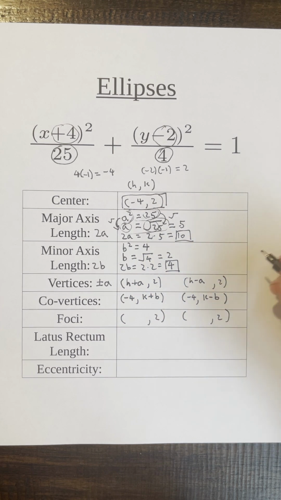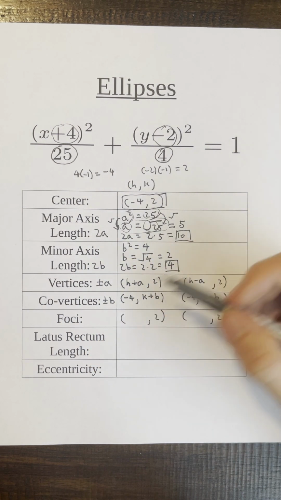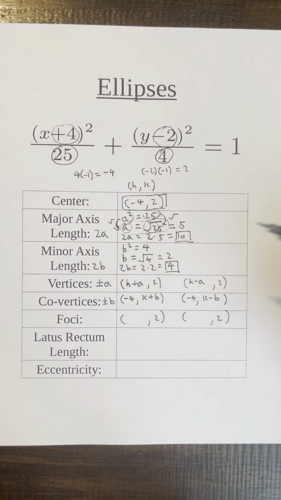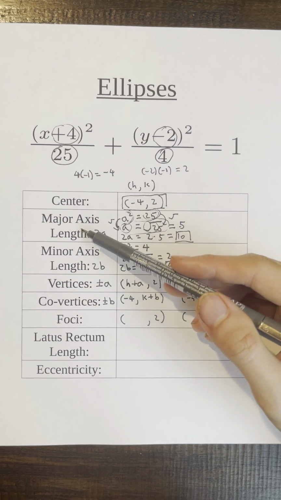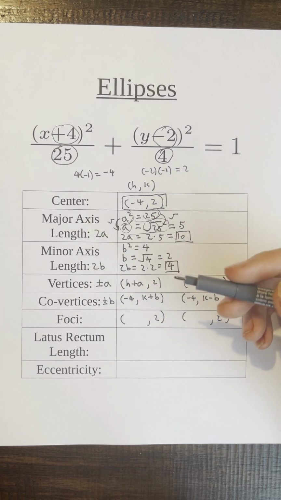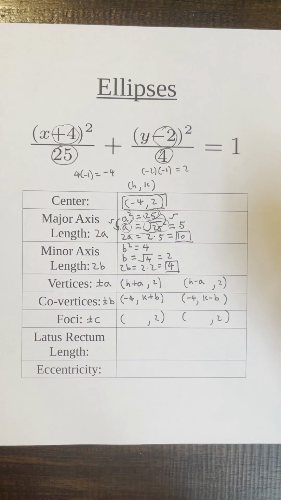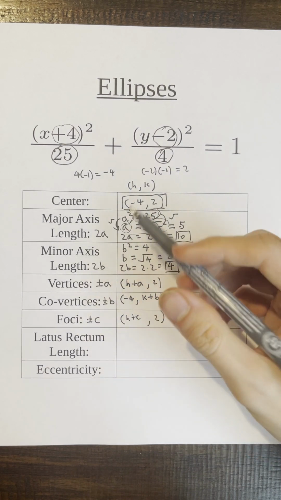Okay, and I'll just put a plus minus b here. How about with the foci? Are they on the major or minor axis? The foci are on the major axis. And this time, we're working with c. So add c to h and subtract c from h.